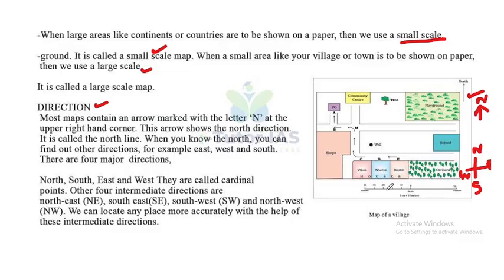This arrow shows the north direction. It is called the north line.